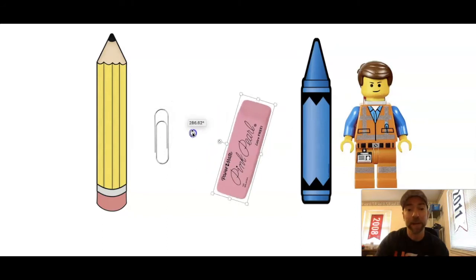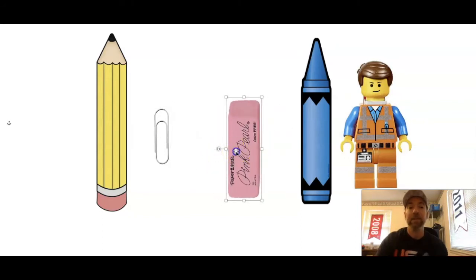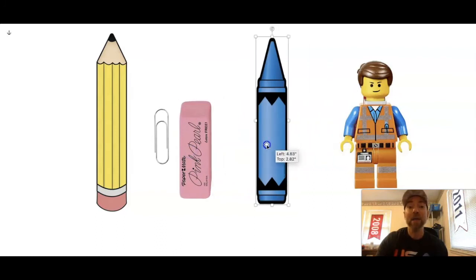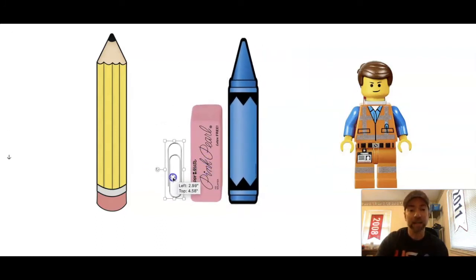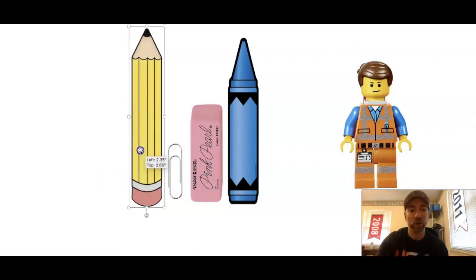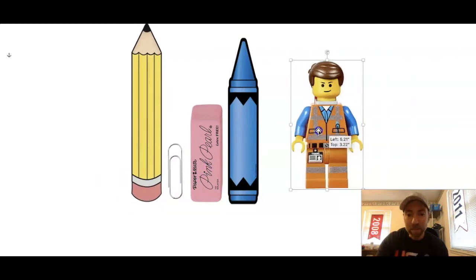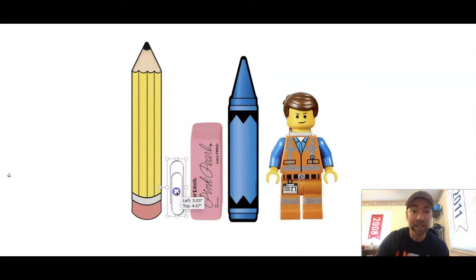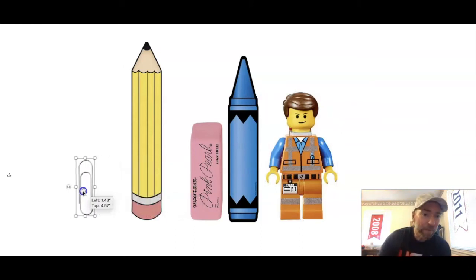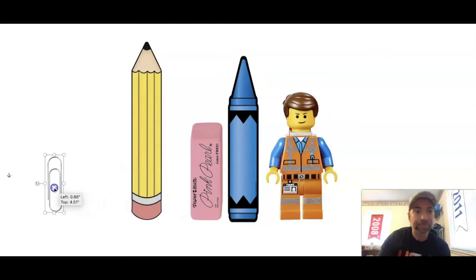I'm going to turn my eraser. So now I want to see if I can find the object that is the shortest. I'm going to put them next to each other to see if I can find an object that is really, really short. And I see that's the paper clip. So I'm going to move my paper clip out.